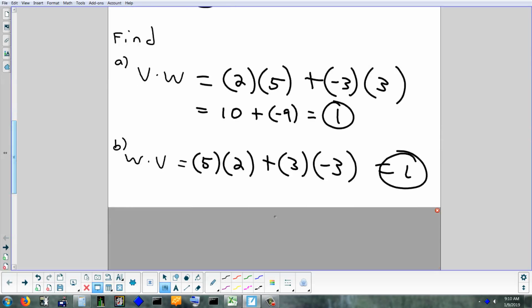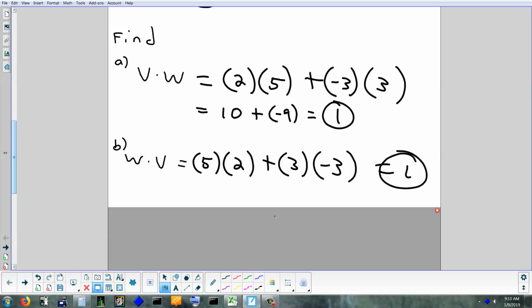What does that mean about the dot product? It doesn't matter which way you multiply it, and there's a name for that. You can switch the order and it doesn't affect the answer. And remember the name of that property? Not associative, but you're very close.